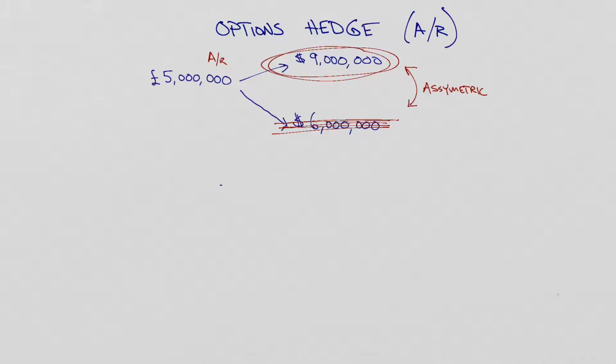But this sounds great. Why not always go with this approach? The one thing that's also unique to the options hedge is the cost. Up front, you have to pay this premium, this fixed amount that, win or lose, you're out of pocket on regardless.